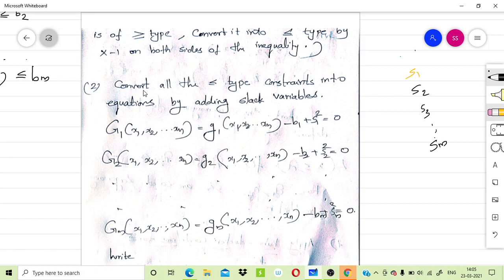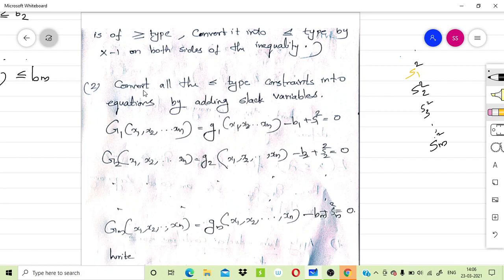The slack variables must be non-negative, that is either 0 or positive, so you have to square them: s1 square, s2 square, s3 square, so that it will be a non-negative number.